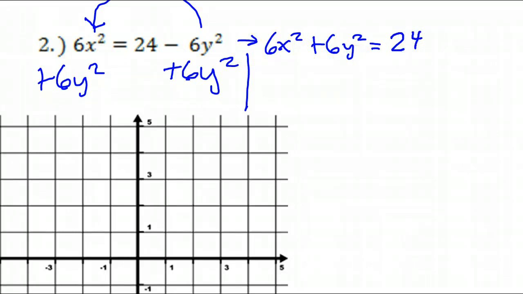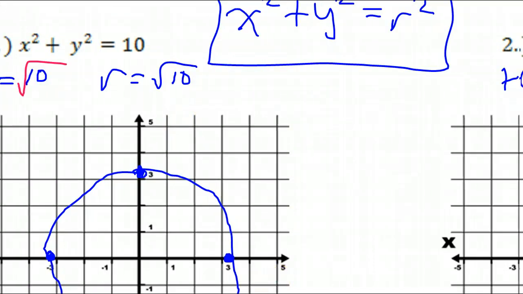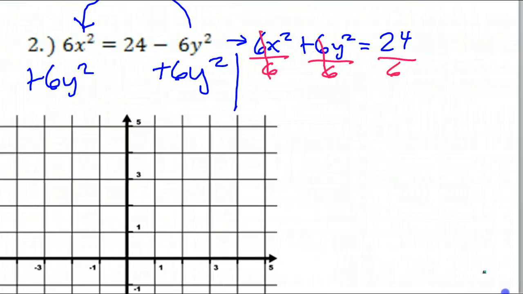Now I would divide everything by 6 if I were you. So that's going to be x squared plus y squared is equal to 4.